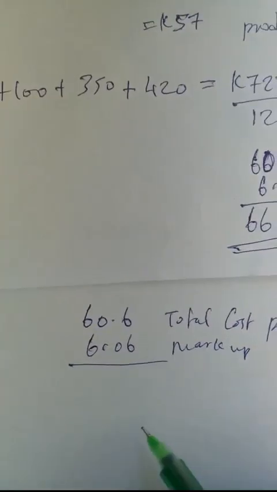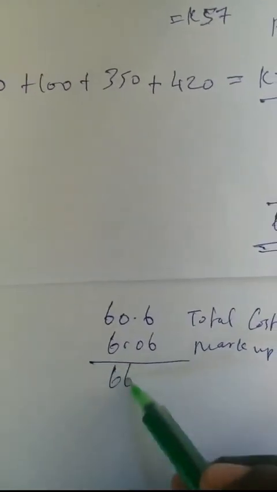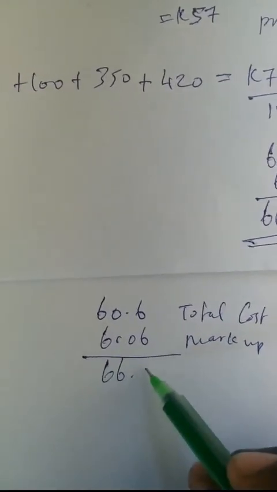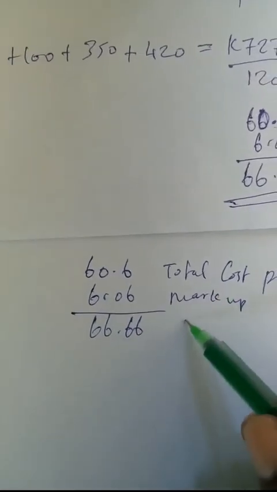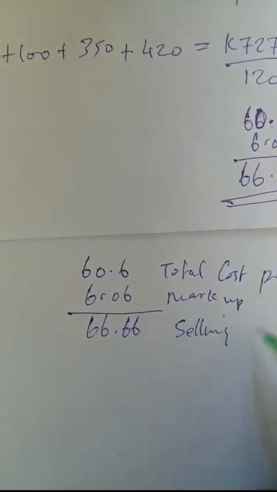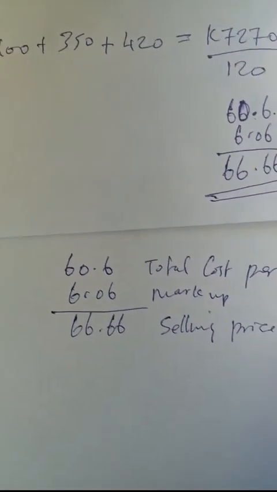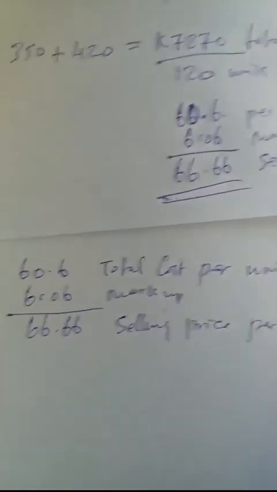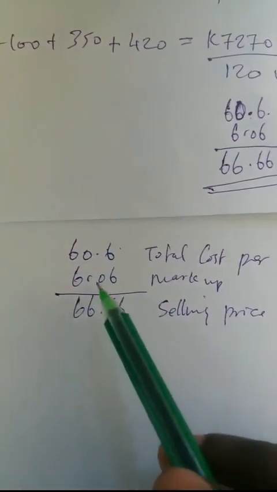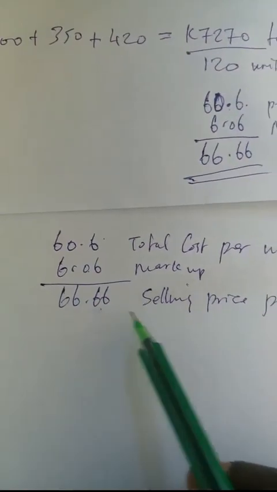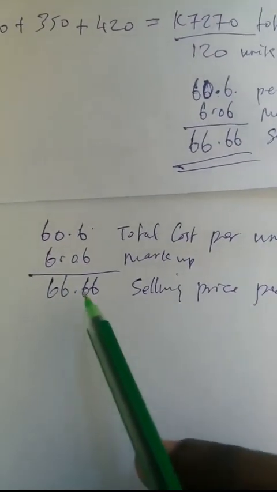Then our selling price is coming to 66.66. So you are selling at a selling price per unit. Your cost is 60.6, you add markup, and then you are selling at 66.66.